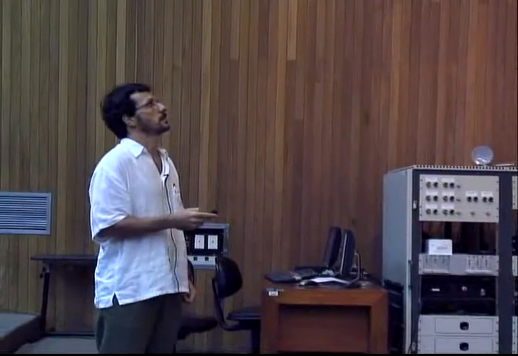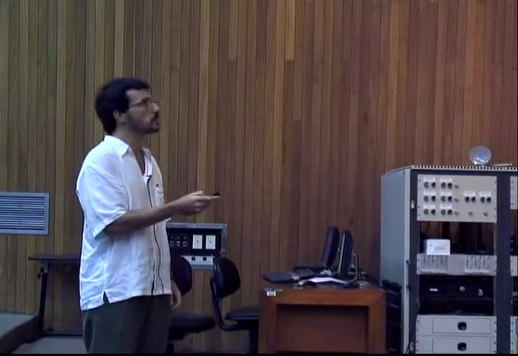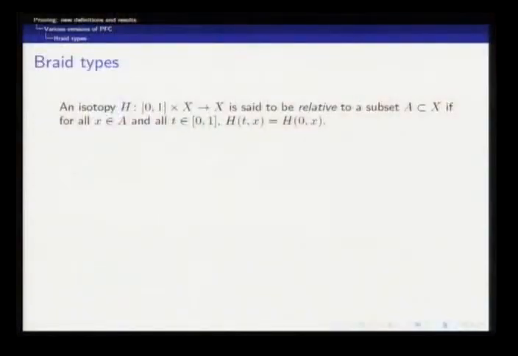And I have to introduce the concept of braid types for that. So let me say what a braid type is. An isotopy is said to be relative to a subset A if the points of A stay put along the isotopy.